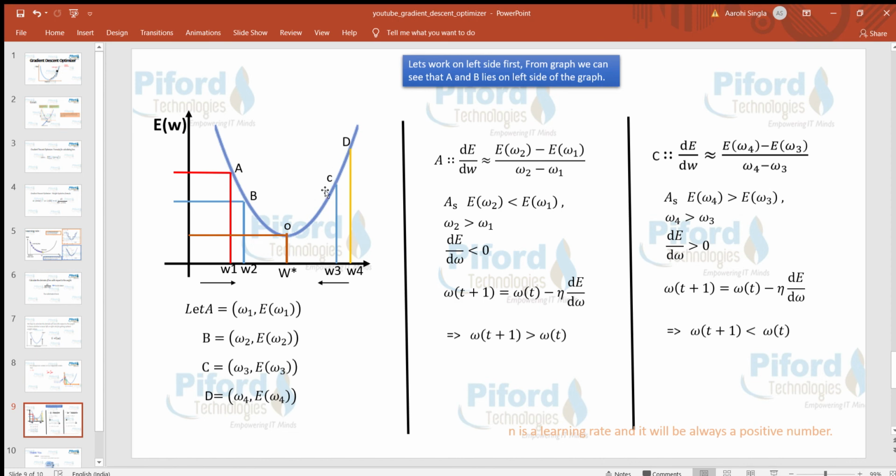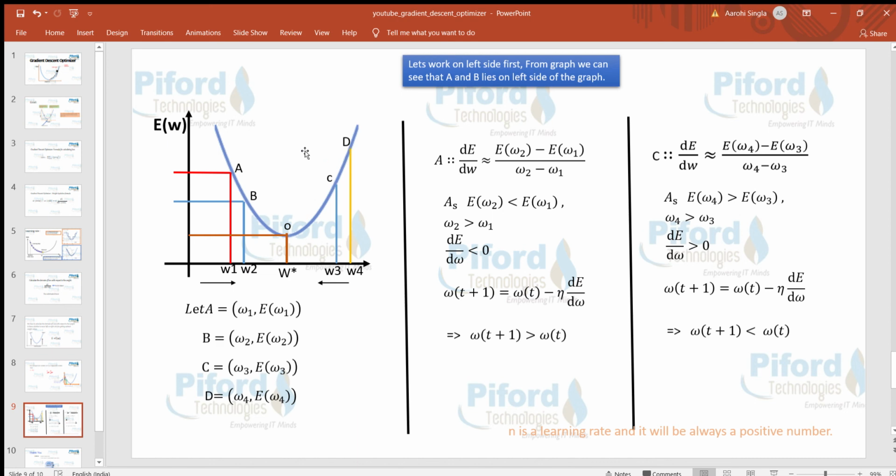We are calculating error with respect to weight at point C. As we have just calculated, the same procedure will follow here. So if we take the difference, error of W4 minus error of W3, divided by W4 minus W3, where is error of W4? Here. Error of W4 minus error of W3.